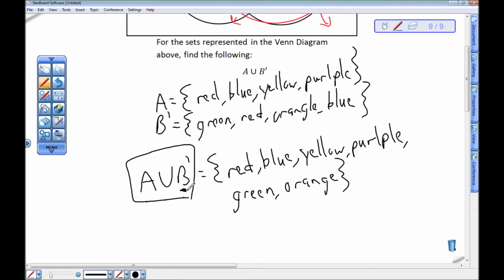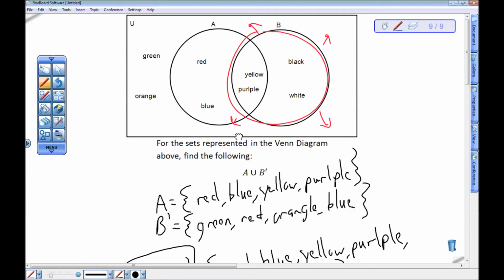Watch out for that. Also, one other thing: if I want to find this set, and I've been working with Venn diagrams long enough, I'm going to say, well, A is here. B complement is everything outside of B that I've noted there, so all this stuff.